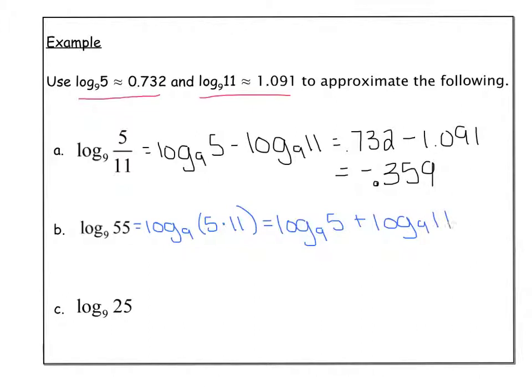Then you know that log base 9 of 5 is 0.732 and log base 9 of 11 is 1.091. So just add those two numbers together and you'll get approximately what the log base 9 of 55 is, without having to type it, since you can't type that into your calculator. So it's about equal to 1.823.